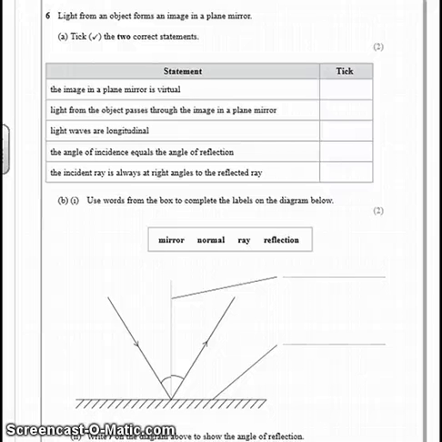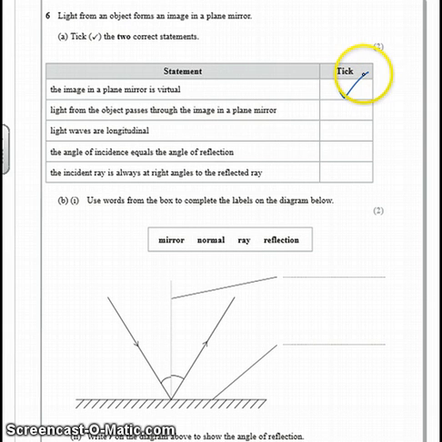Right, question 6. Light from an object forms an image in a plane mirror. Tick the 2 correct statements. Well, the first one is true. The image in a plane mirror is virtual. That basically means that no real light rays come to our eye from that virtual image.